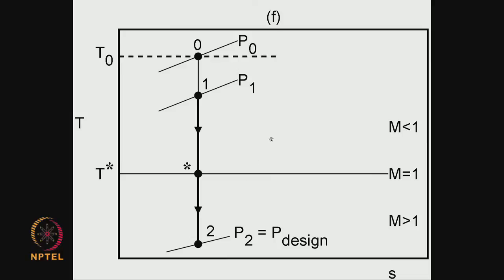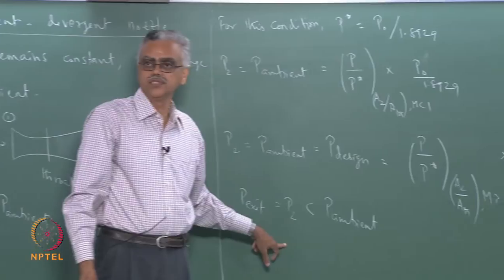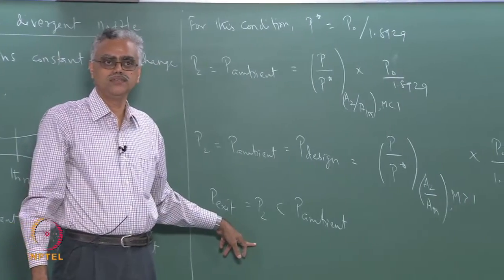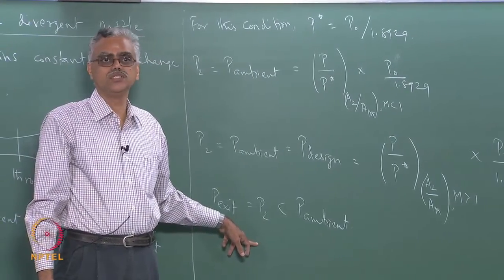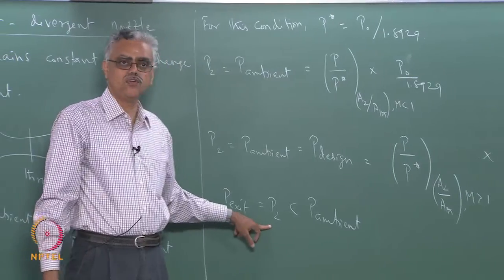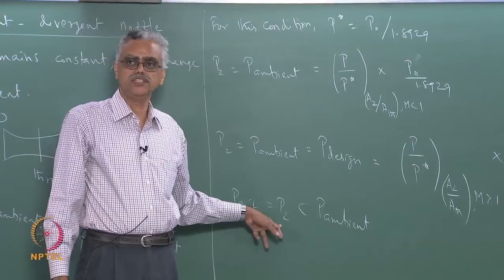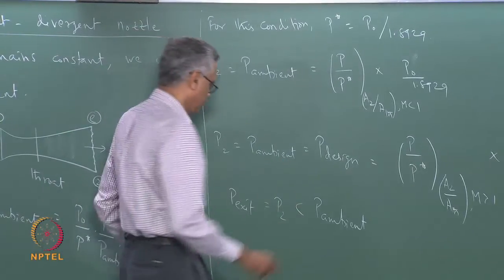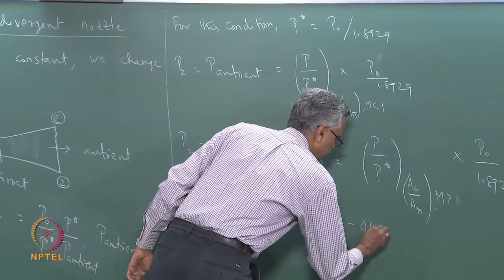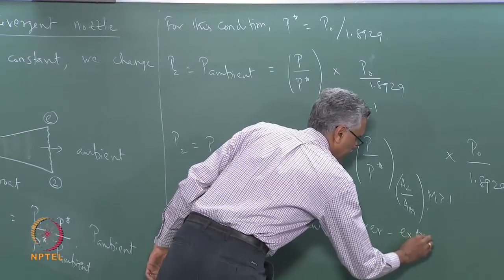So the exit pressure is much less than the ambient pressure, in contrast to what we saw in the case of a convergent nozzle. This means the flow is over expanded because it is coming out at a pressure which is less than the ambient pressure.